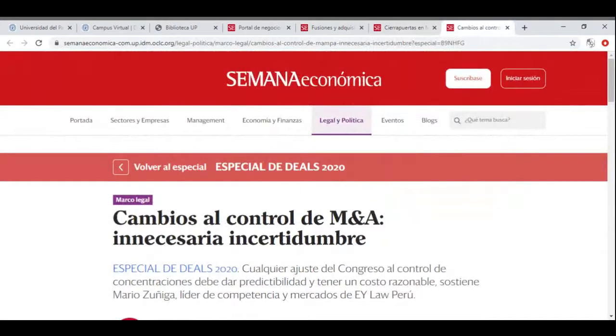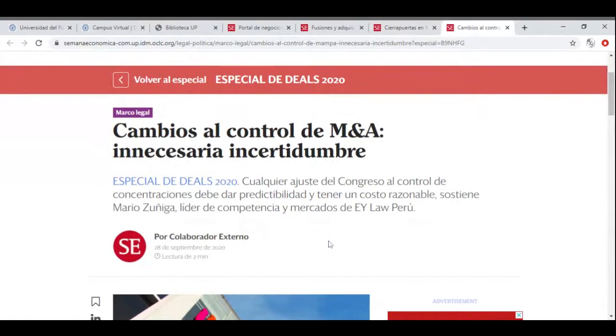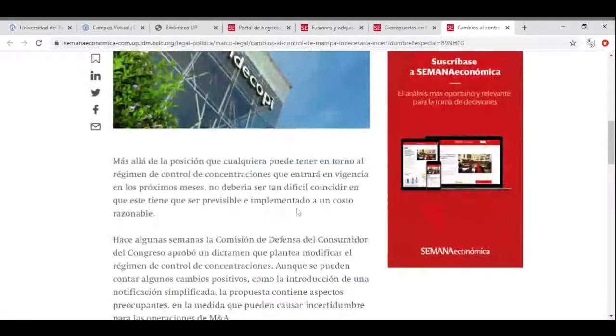And there's even a discussion regarding the control of M&As, right? If you have been reviewing over the last 2 years the discussion in the news and in Congress regarding control of potential mergers of companies, there has been several legislation regarding that. There's a law regarding that, and INDECOPI has issued a rule of procedures regarding how they're going to address that issue and how it's going to be implemented.